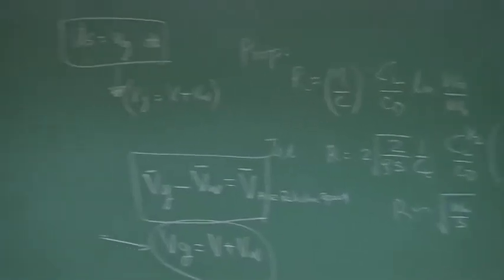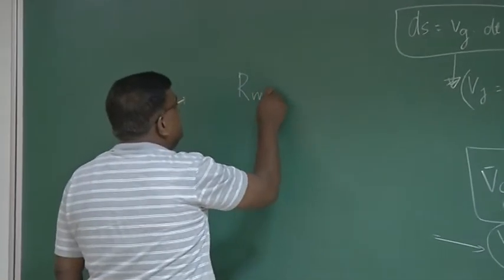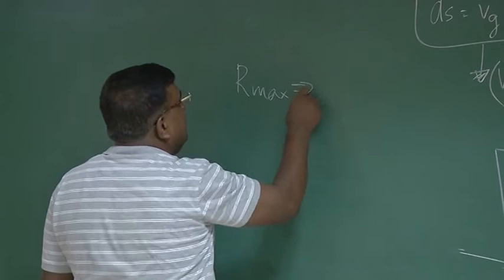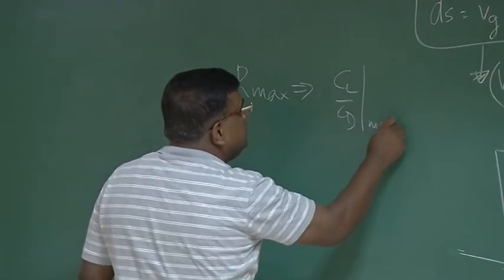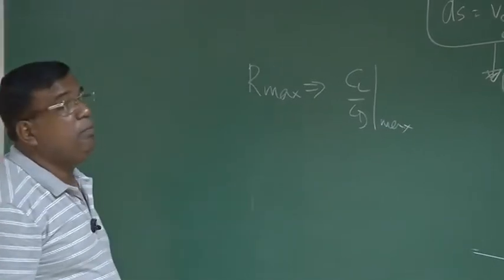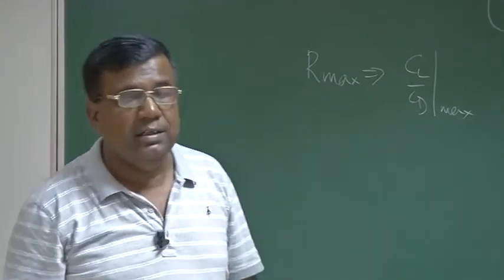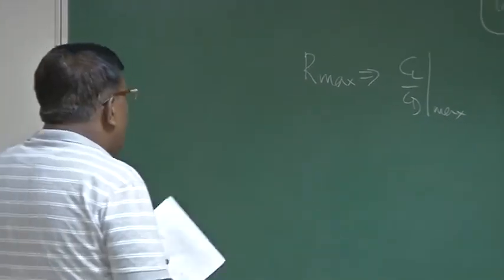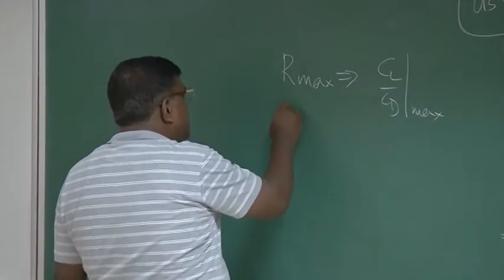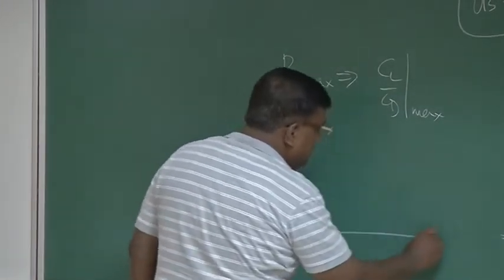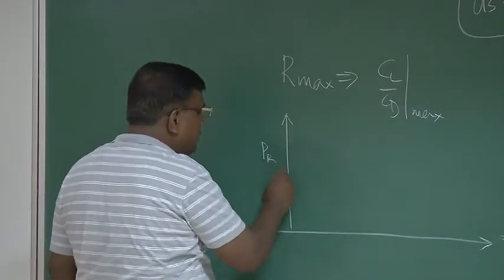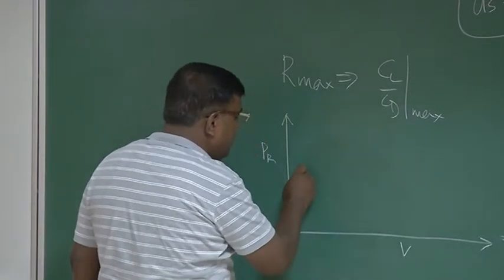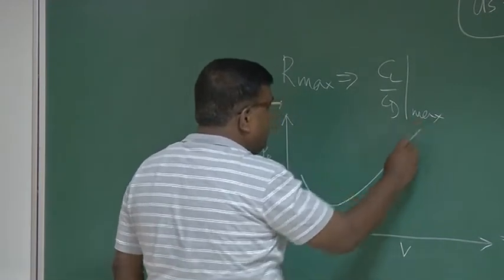See, range maximum, from that I found it is when CL by CD is maximum. This was for a propeller driven IC engine aircraft. Now let us go a little bit into it. If this is power required versus speed, let's say it is something like this. You are now aware.